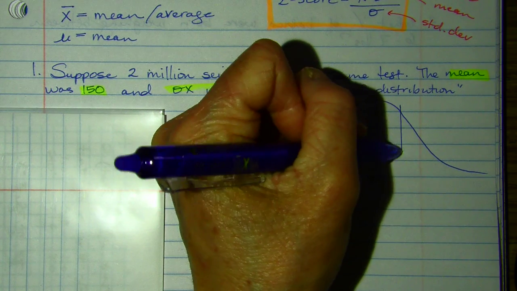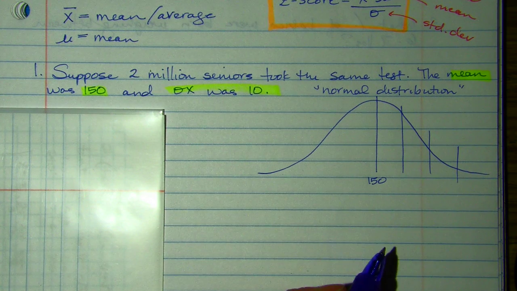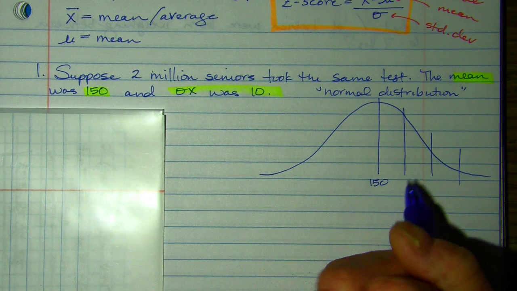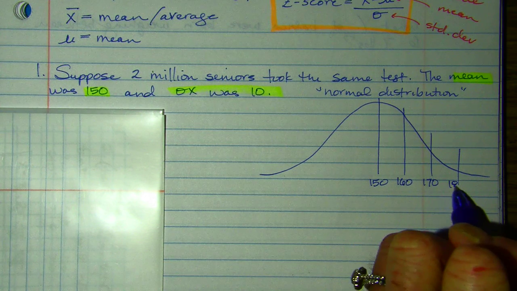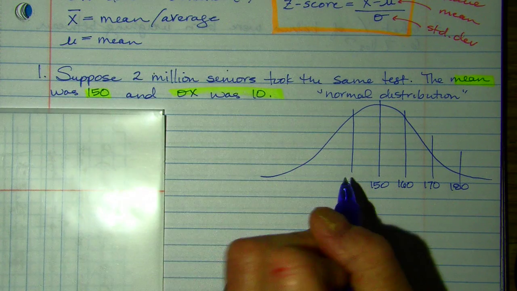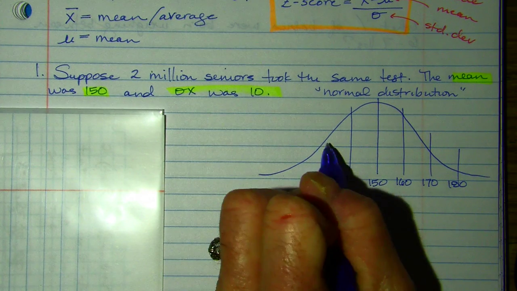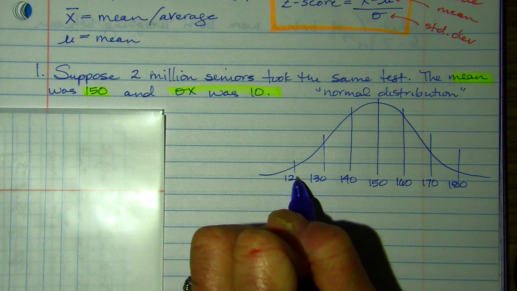That's what they told us. And I would divide the top half into 3 bars, and each bar is plus 1 standard deviation. Our standard deviation was 10, so this would be 160, 170, 180. To the left, I should be subtracting, so this would be a score of 140, 130, 120.